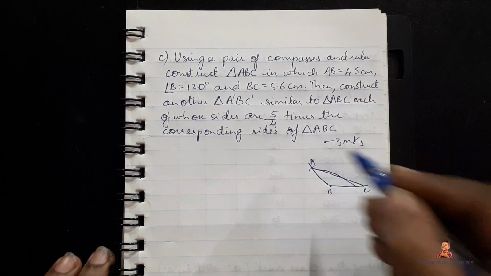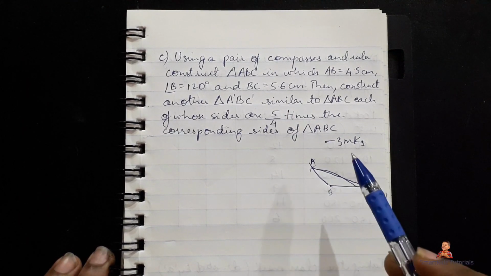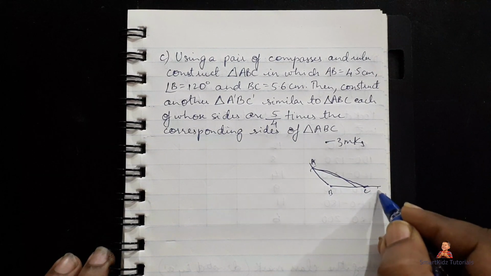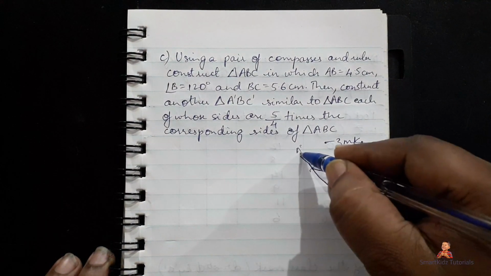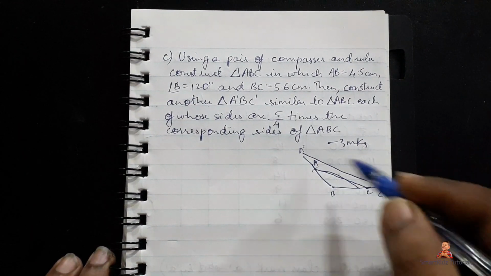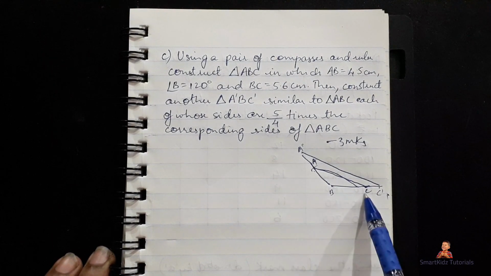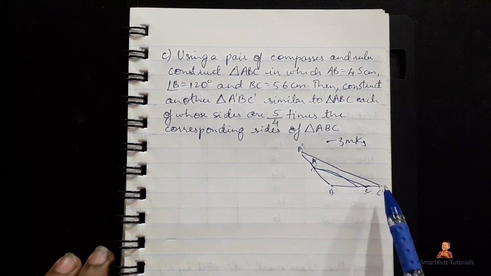So this will be A then. Okay, and now that you have ABC ready, next will be to draw A dash B C dash. So C dash will come here somewhere. Okay, so this will be C dash and A dash will come somewhere here, and then this will have to connect. So we'll have to make sure that A dash C dash is parallel to AC, and then we'll get a new triangle that we are asked to draw, that is A dash B C dash.